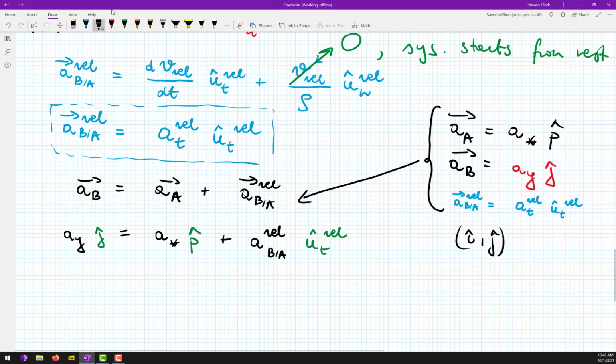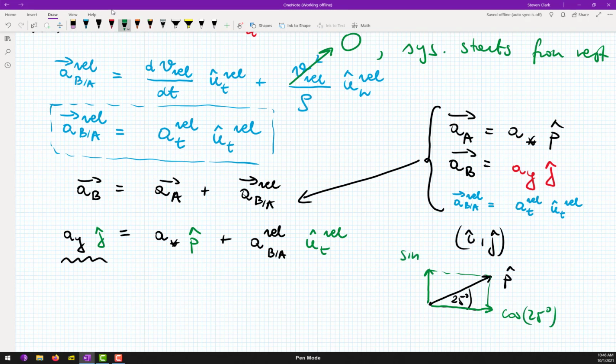So this thing is already in i and j. I believe that vector P is at 25 degrees; they told us that in the problem statement. So P will have components cosine 25 degrees and sine 25 degrees.